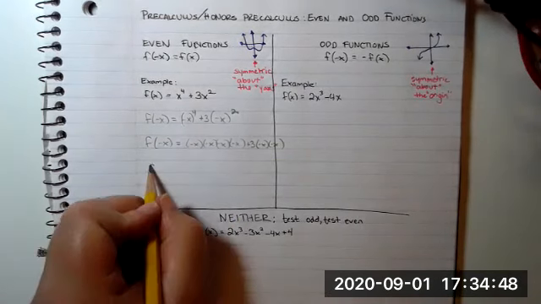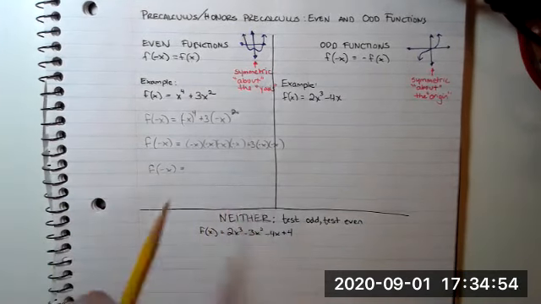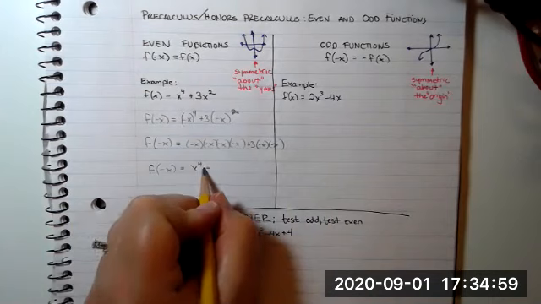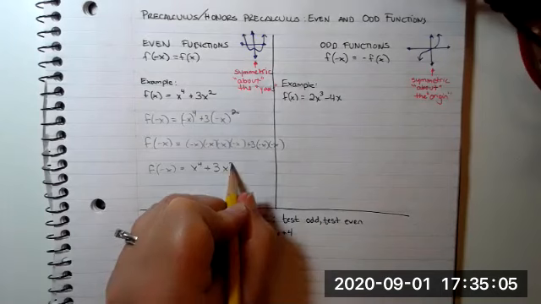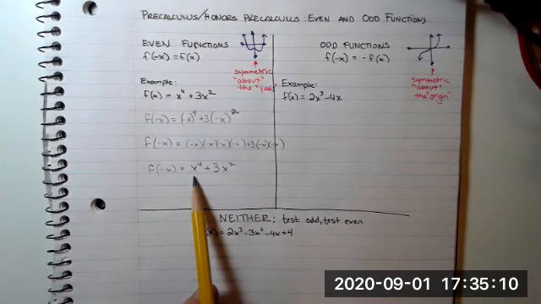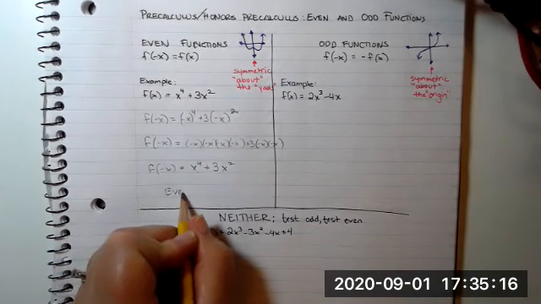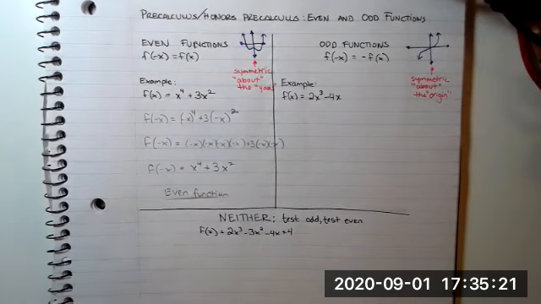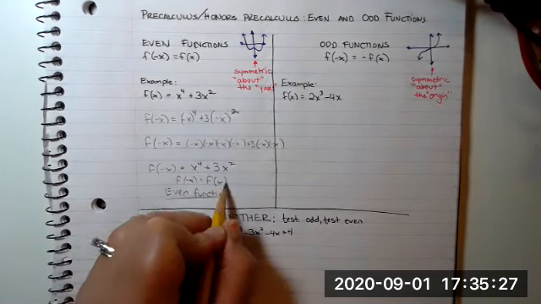So if we simplify it, negative times negative times negative times negative, that's going to be positive x to the fourth, plus 3 times negative x times negative x, that'll be positive x, so 3x to the second. So when we simplify this completely, it's the same as the original function. So we can say that this is an even function. We've determined that f of negative x is equal to f of x.